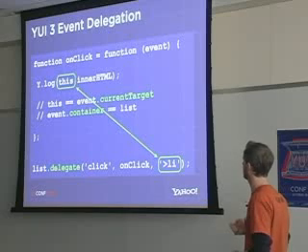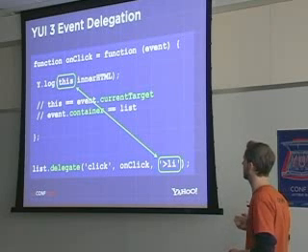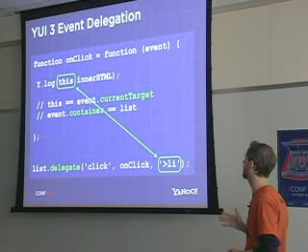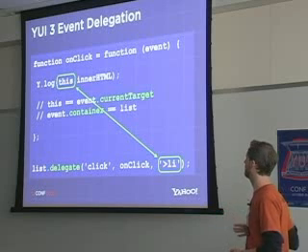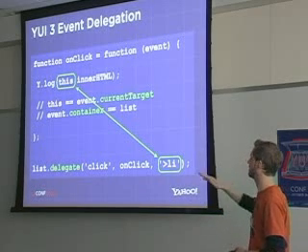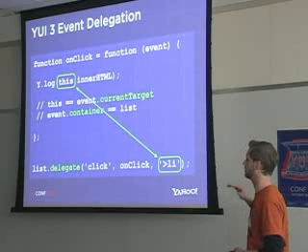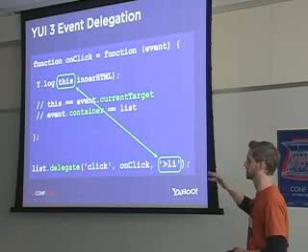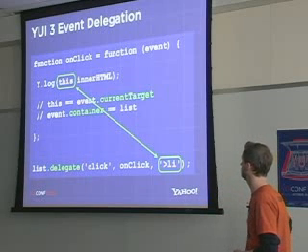An additional piece of sugar we give you is the default context of your handler is now that element that matched that CSS selector. So it's always going to be the element that you're interested in as opposed to the container that you actually bound that event handler to.